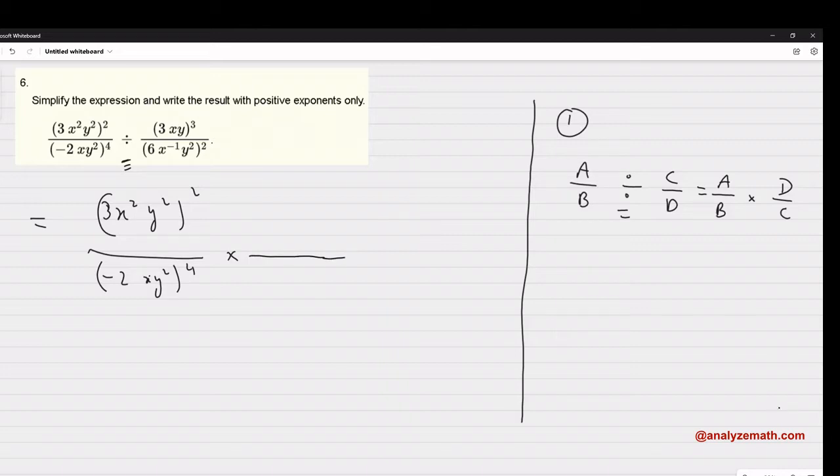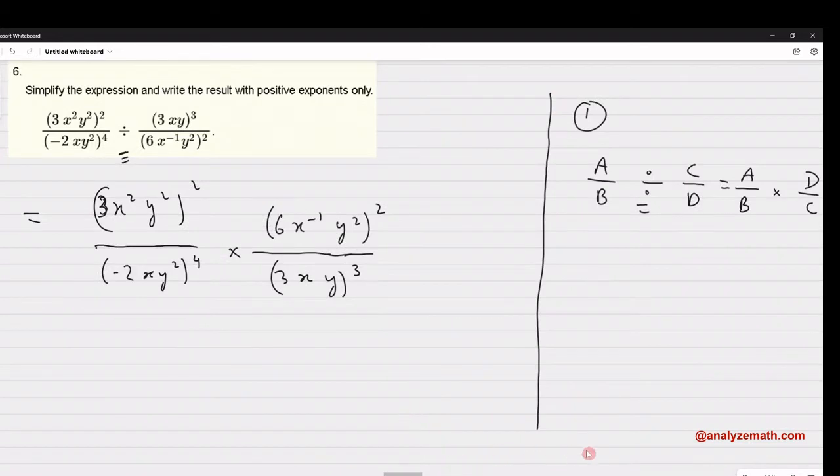For a fraction, you just flip the denominator and numerator. Now, as it is written in this way, we cannot make any simplifications. So we need to go for the next rule.